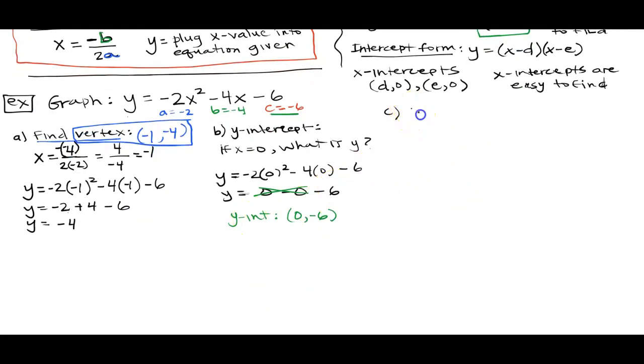So the next thing it's going to ask you to do is find x-intercepts. Just like with y-intercepts, we said if x equals 0, what is y? To find x-intercepts, we're saying if y equals 0, what is x?